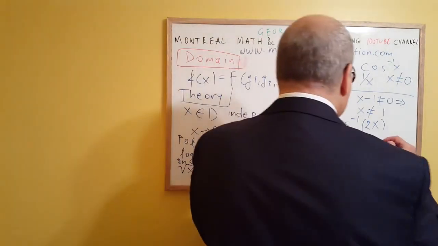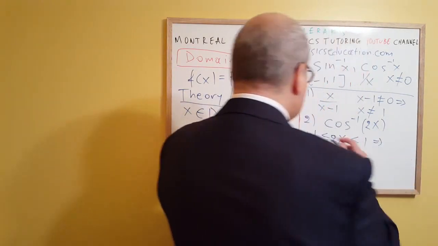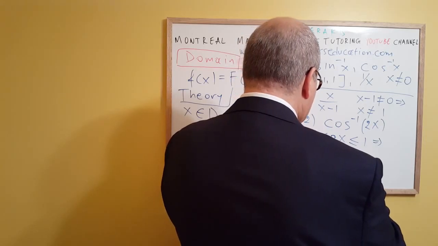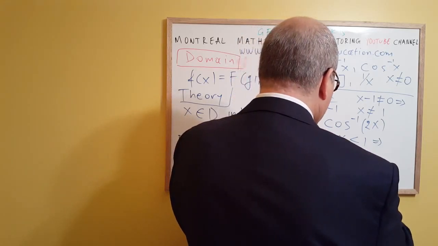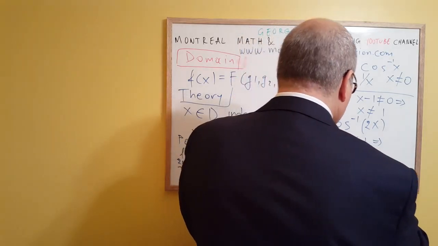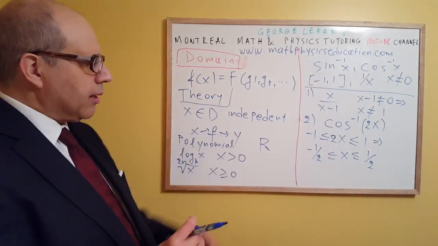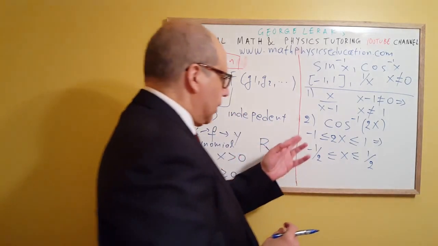Very simply, if you divide both sides by 2, that means that your x has to be between -1/2 and 1/2.